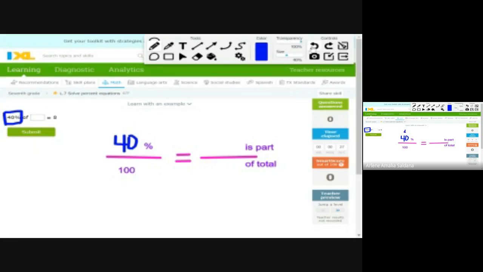So it is extremely important for you guys to understand where it is that you're going to place the X. Because if you don't place the X in the correct place, you're going to get it wrong. In this case, the X is right here, because that's the blank. And the blank is right next to of, which means that you're looking for the total. So X goes underneath. Is equal to 8. 8 is the part.